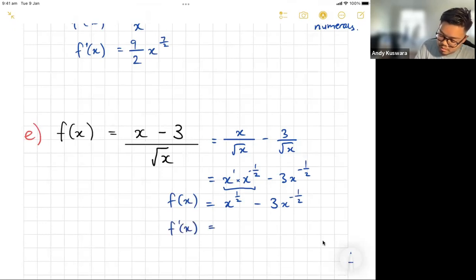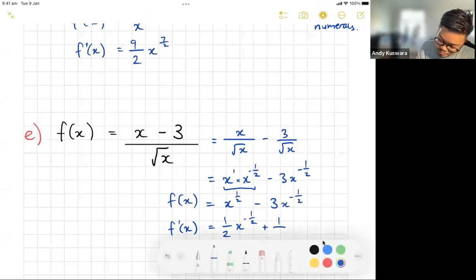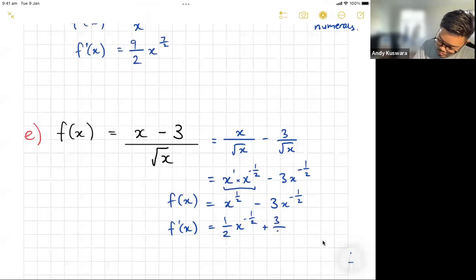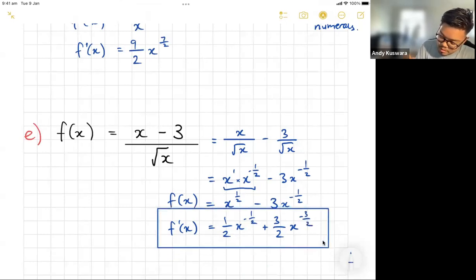Now I can differentiate. Half comes down to the front, take away 1 from a half gives you negative half. And then here the negative half comes down to the front, so it actually becomes plus 3 on 2. Then minus half, take away 1, gives me minus 3 on 2. And that there should be your solution.